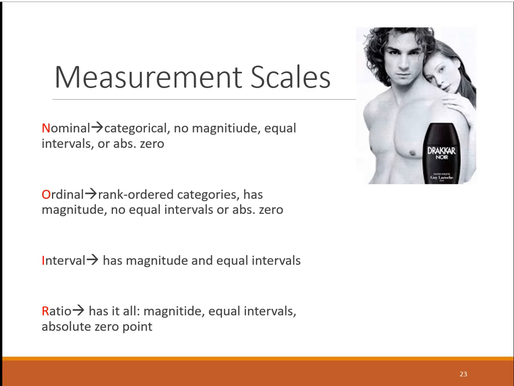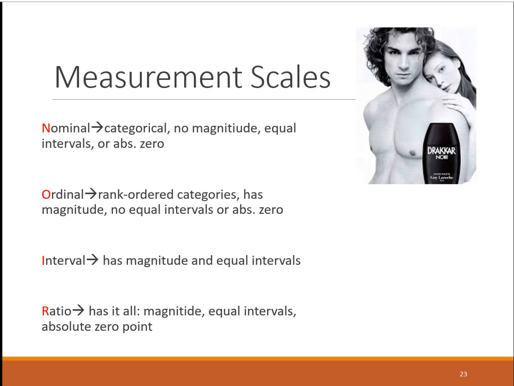A nominal scale, or a nominal variable, is typically a categorical variable that has no magnitude property, no equal intervals, and no absolute zero. It's basically just a name or a label for the variable, right? We'll go over some examples in a minute, but for now, know that nominal variables are simply labels, and they don't quantify anything.